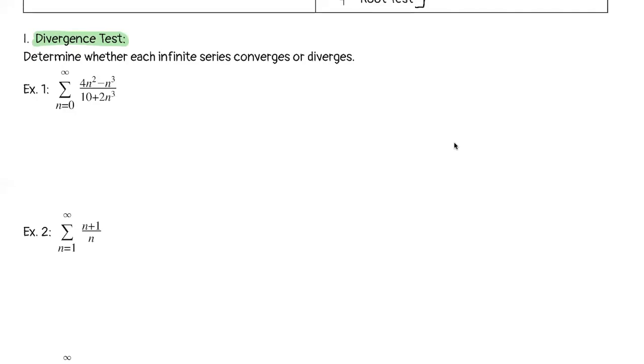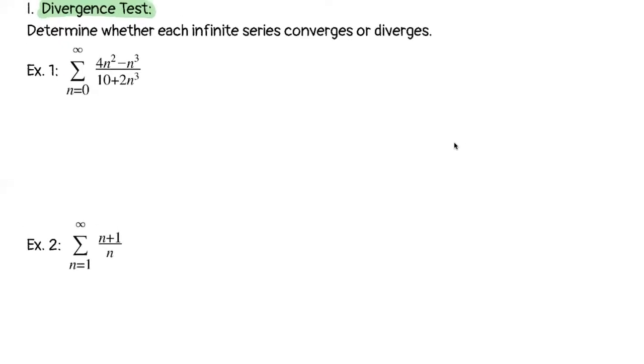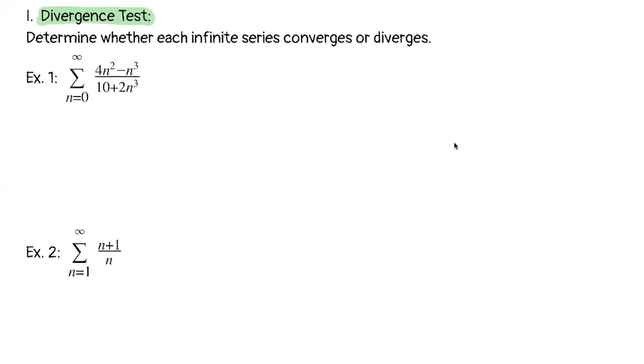But what we're looking at now is how do we apply the same sort of idea to a series? And so let's take a look at number 1 over here. Number 1 says you have this infinite series, and the a sub n is (4n squared minus n cubed) over (10 plus 2n cubed).